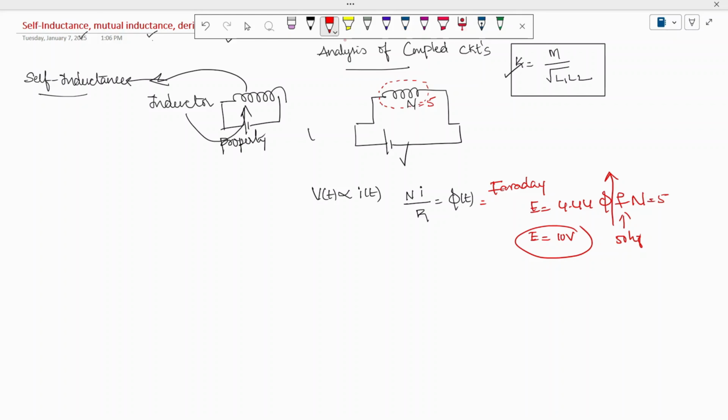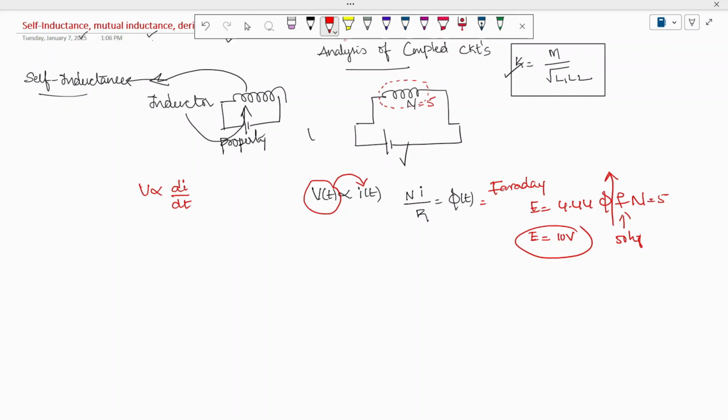Now, the formula for the voltage across an inductor: we applied voltage, and voltage is directly proportional to the rate of change of current, which is di by dt.